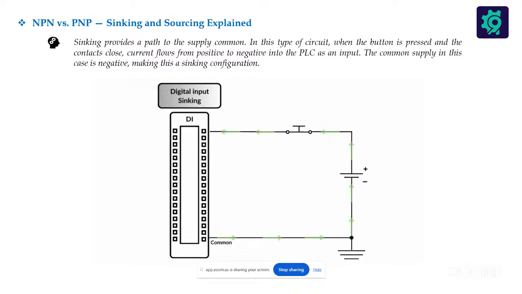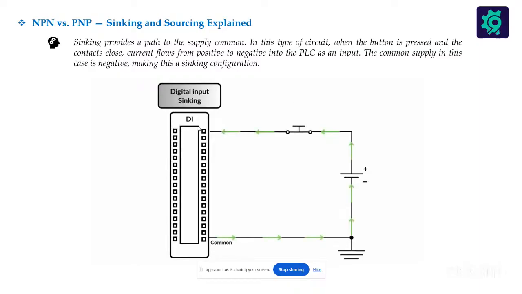You can see from the diagram on the screen that the green arrow is coming from the battery cell, going into the switch, and then from the switch entering into the PLC.